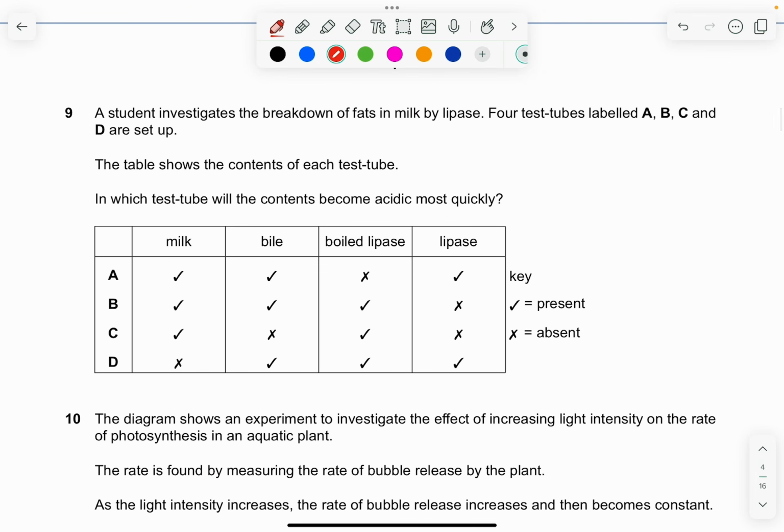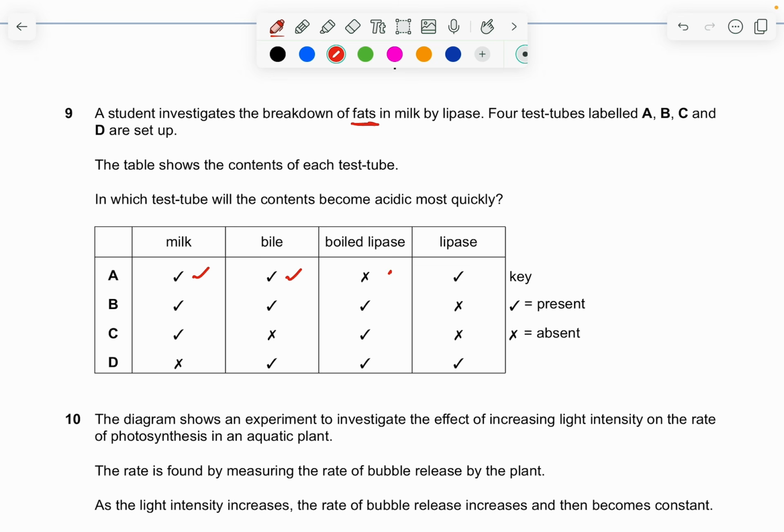Question 9. A student investigates the breakdown of fats in milk by lipase. 4 test tubes labeled A, B, C, and D are set up. In which tube will the contents become acidic most quickly? Okay, so this is a slightly tricky question, but I think it should be very easy. So they say that it becomes more acidic easily. So milk must be present, bile must be present because there is fats, so you have to emulsify them first.